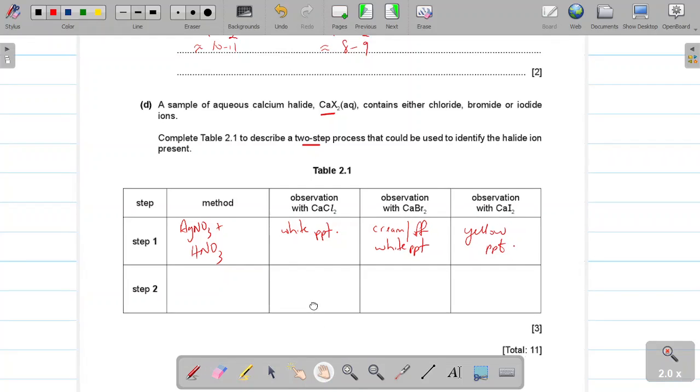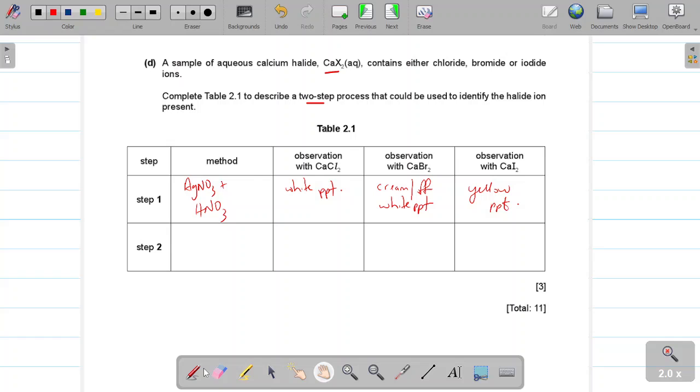And to distinguish which halide ions we have, we add ammonia solution. There are two ways we can do this. We can either add dilute ammonia solution or concentrated ammonia solution. If we add concentrated ammonia solution, the white precipitate dissolves.